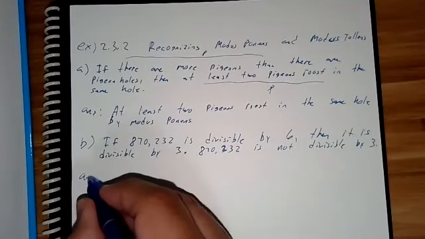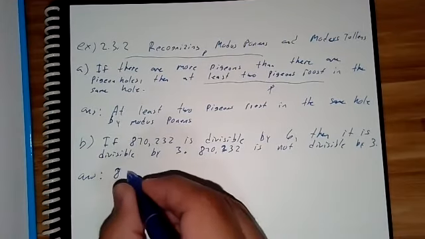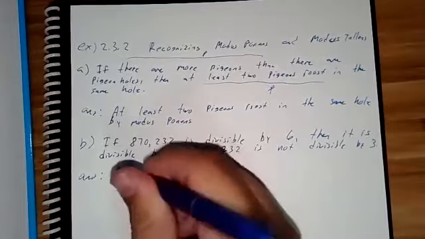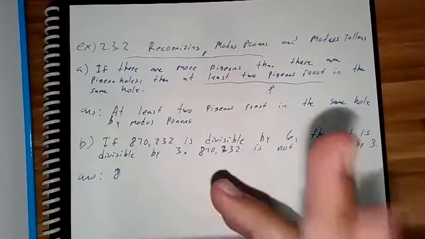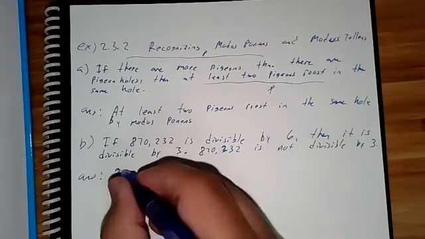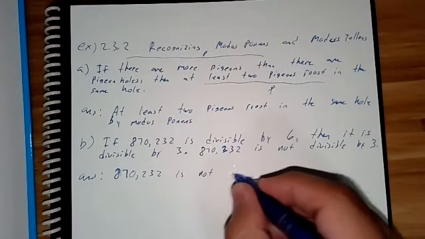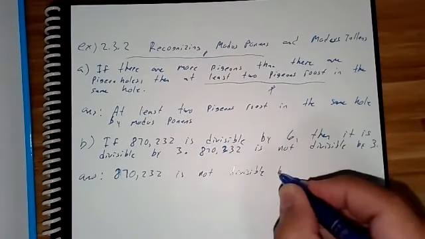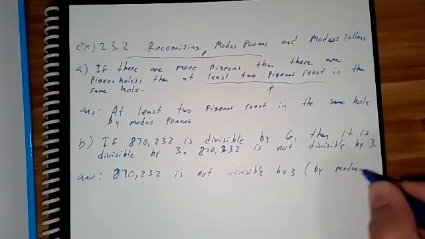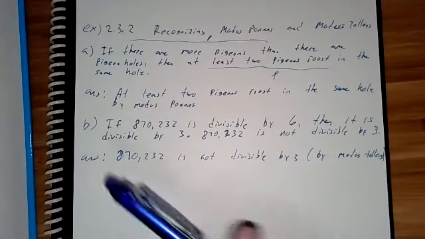So the answer here, since it's modus tollens, you would say 870,232 is not divisible by 3. This is by modus tollens.